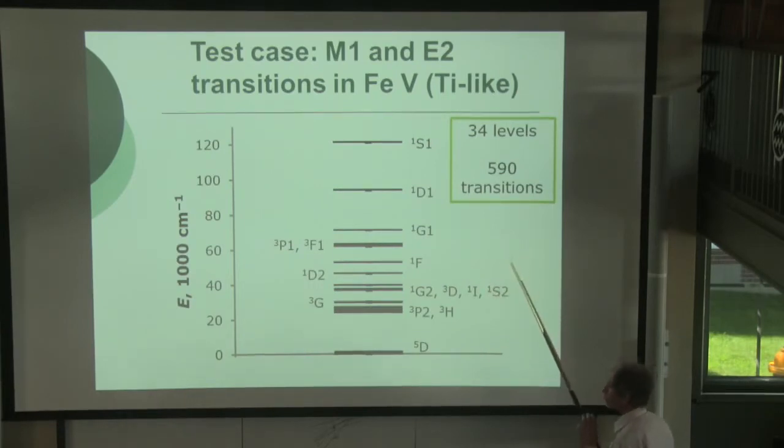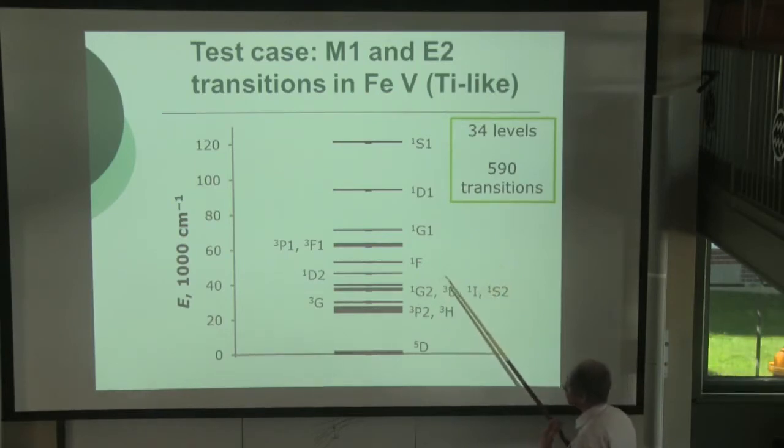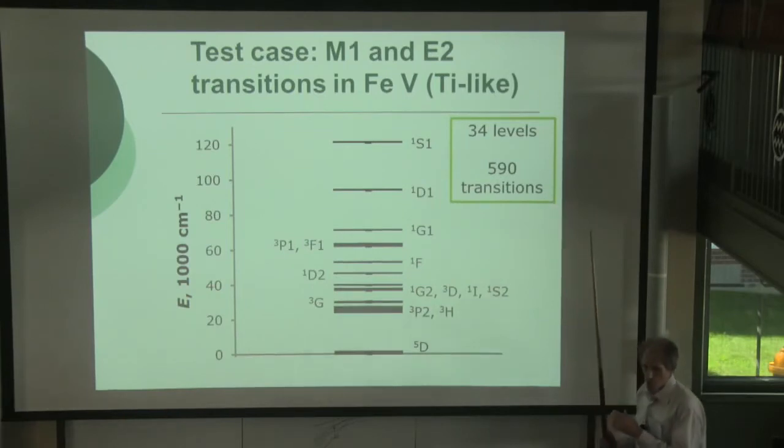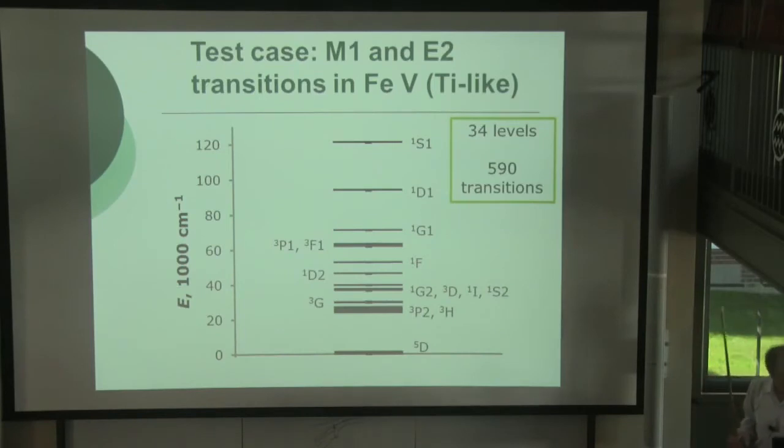And when you change your values of parameters, there is very little risk that you can make a mistake identifying the levels you got from different calculations with each other. So they do not shift too much, and the order does not change. It's very easy from this technical point of view. And there are about 600 transitions possible in this configuration.